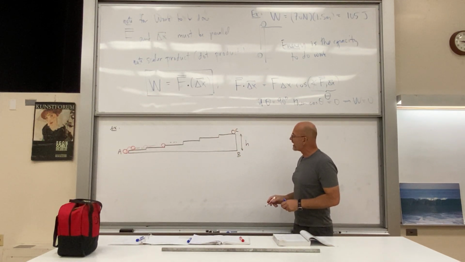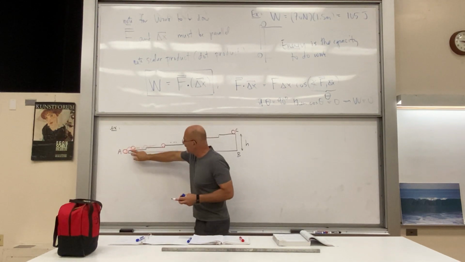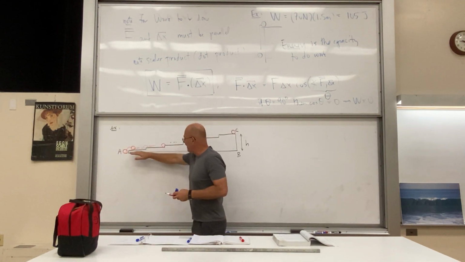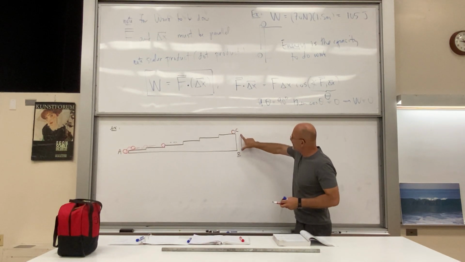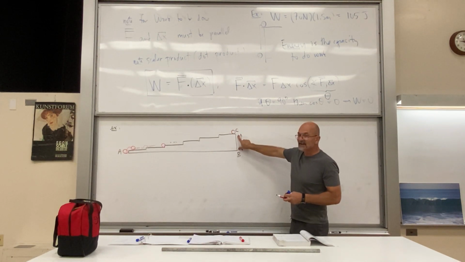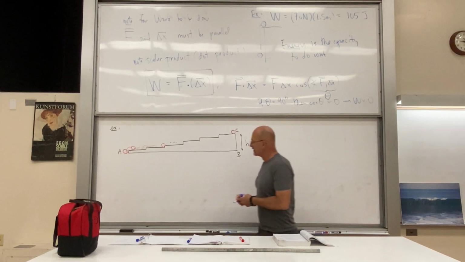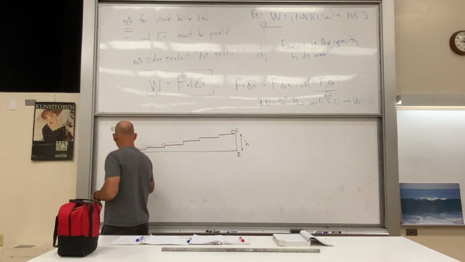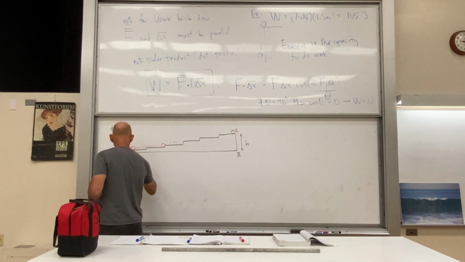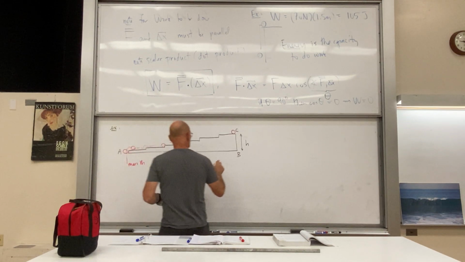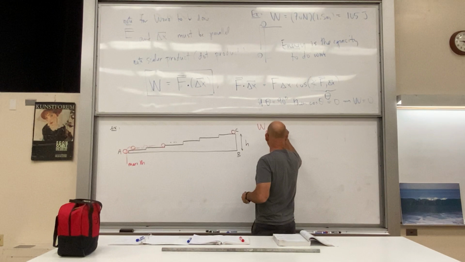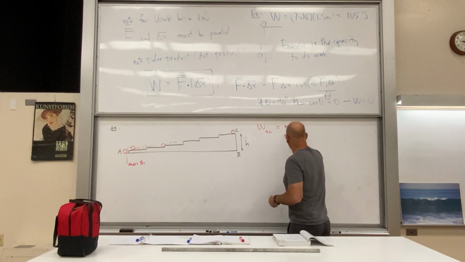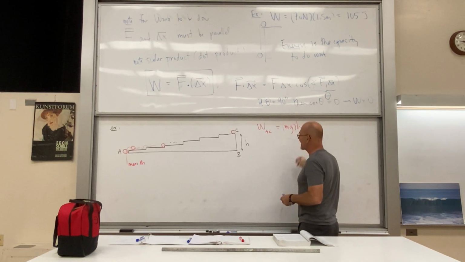So on that path, I did these little increments of work, and then no work on the horizontal. The total work ended up being just the weight times the height. So let's call this thing mass M, and then work from A to C is the weight times the height.